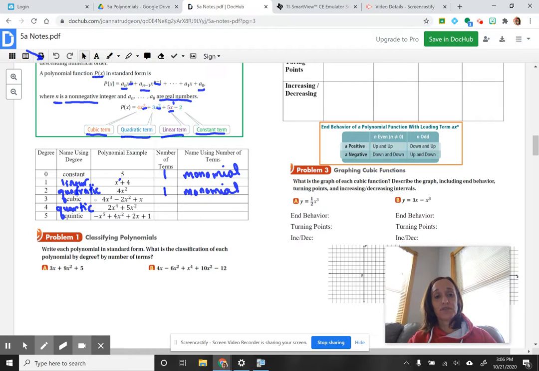All right, so now let's go to number of terms. This second row here, x plus 4, there are 2 terms. We call that a binomial. And this has nothing to do with the degree of the terms. This cubic function happens to have 3 terms. Because it has 3 terms, it's a trinomial. This one has 2 terms again, so it's a binomial.